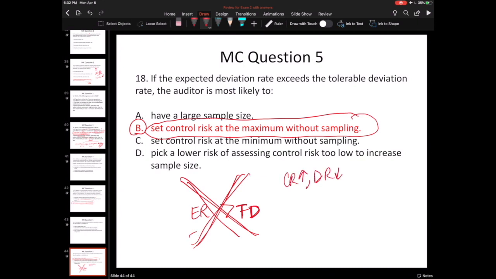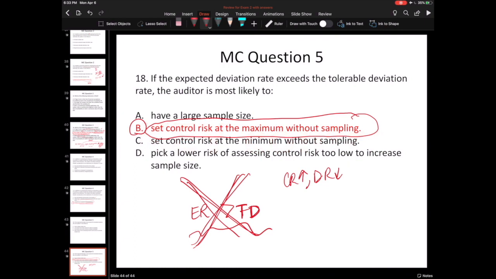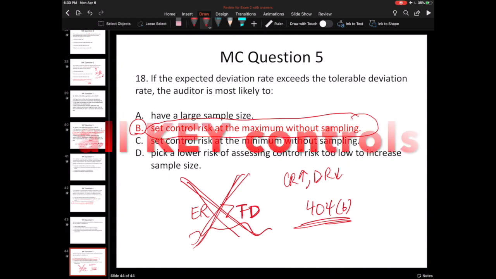Now, the only time that this could theoretically happen is, we talked about the idea that for public company audits, you are forced to test all the controls, even if you think they're ineffective. It's really the accelerated filers, because I have to issue a 404(b) opinion on them, and I can't issue that opinion unless I have truly tested all the controls.